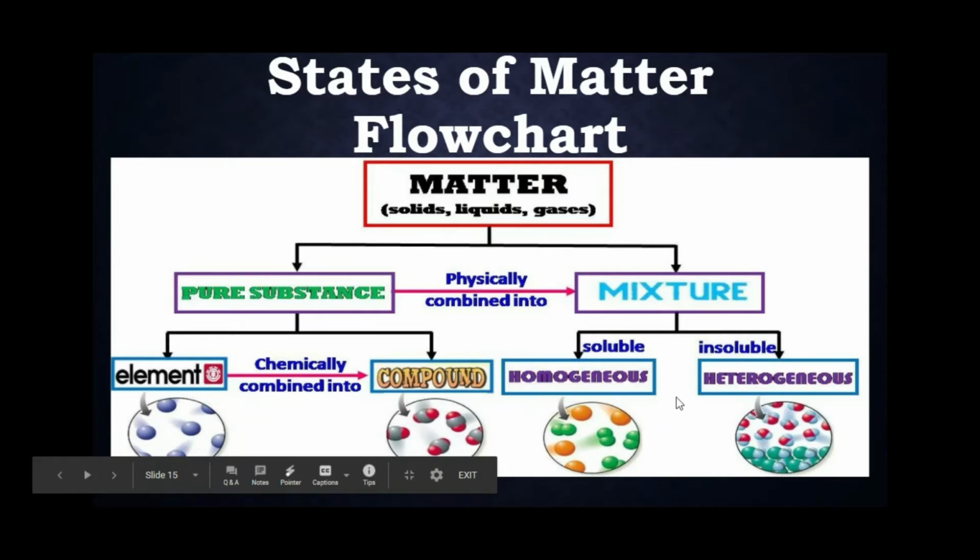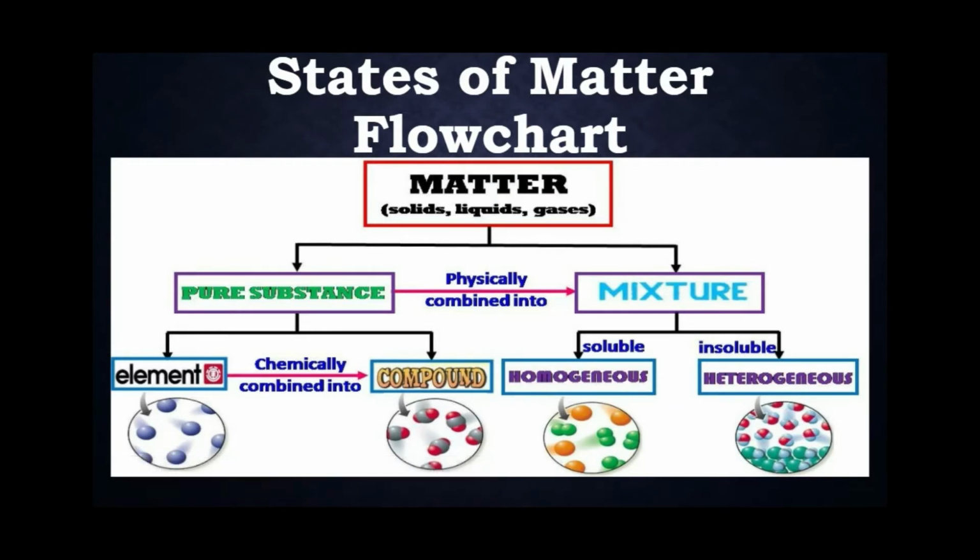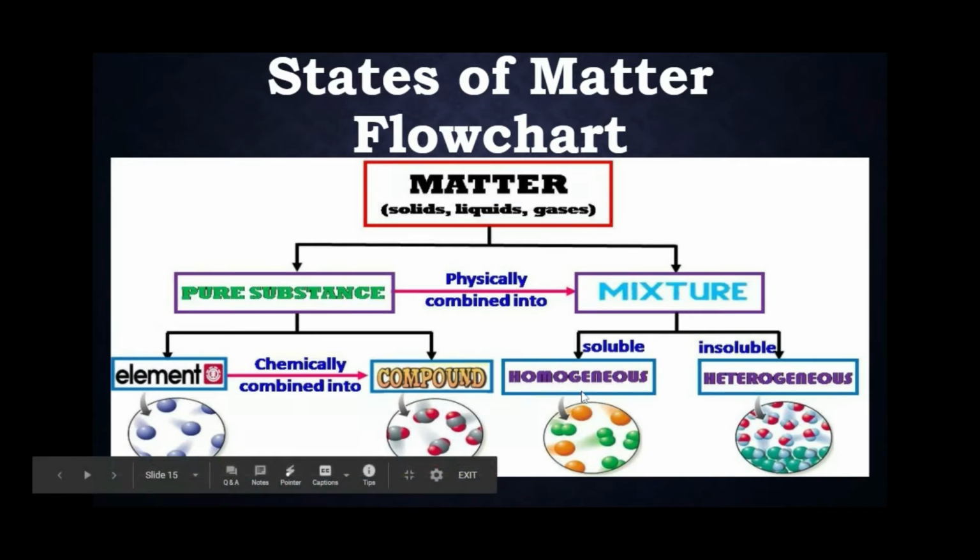Homogeneous mixtures are soluble. Heterogeneous mixtures are insoluble. Soluble simply means that something can be dissolved, typically in water.